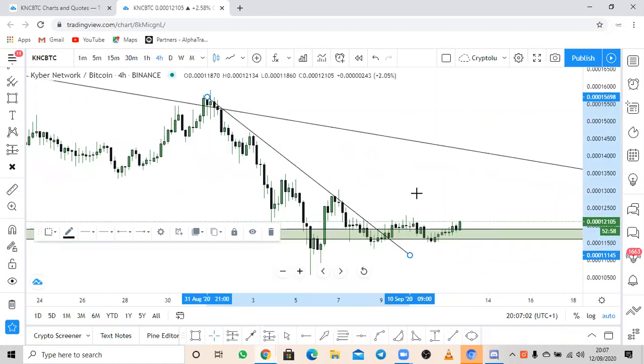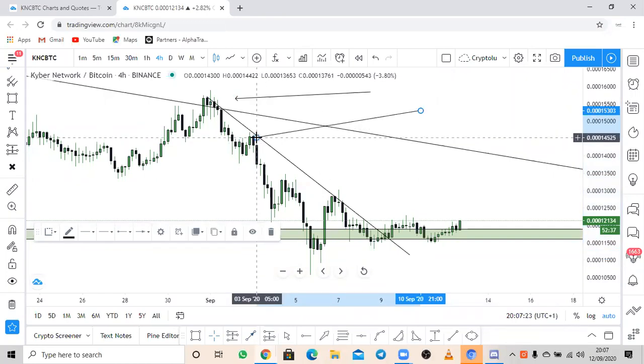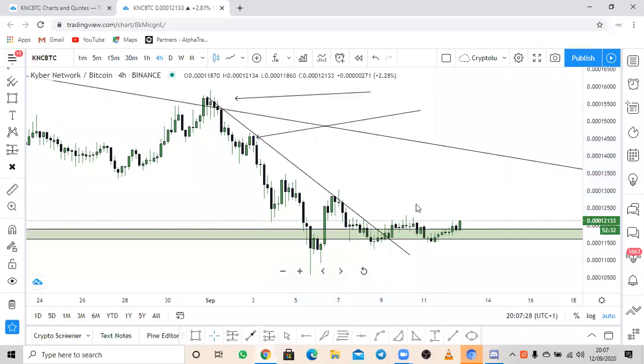We had the second touch here, and the last touch here.